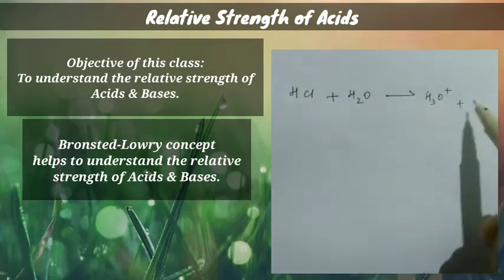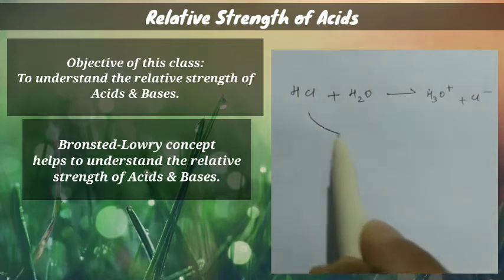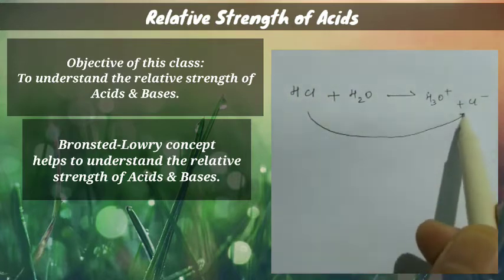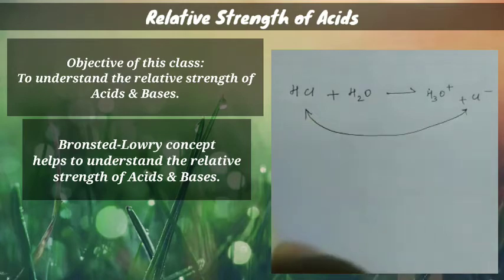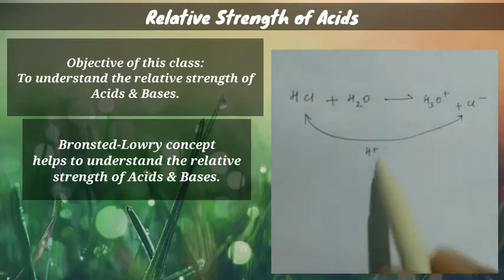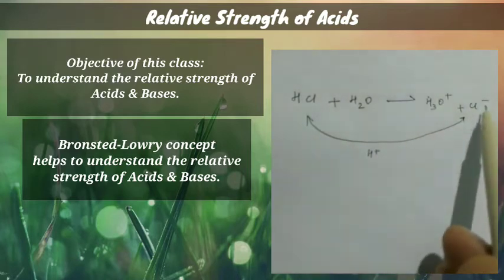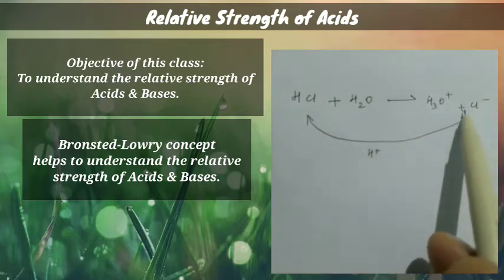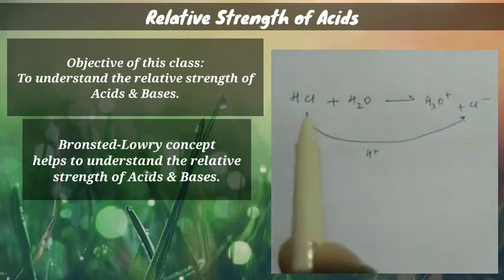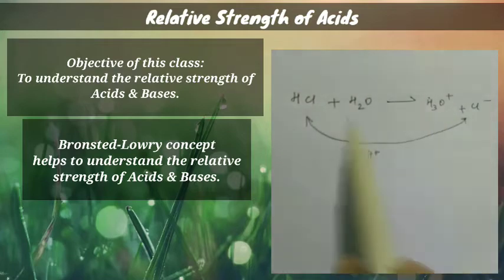The remaining part will be Cl-. These two are related by what? By an H+ ion. When an H+ ion is added to this Cl-, we get back HCl. So they are conjugated with each other.